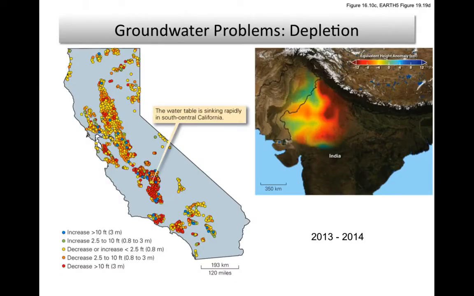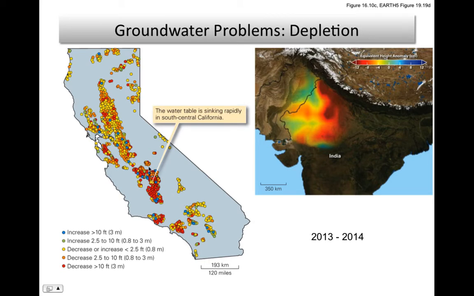Now, another major problem with groundwater is a depletion of groundwater and lowering of the water table. So we know here in California for the last really 5 years, we've had a severe drought. And this is from 2013 to 2014, showing some of the areas of greatest decrease in the water table, right? So this is just in a 1 year period, how much the water table has decreased.